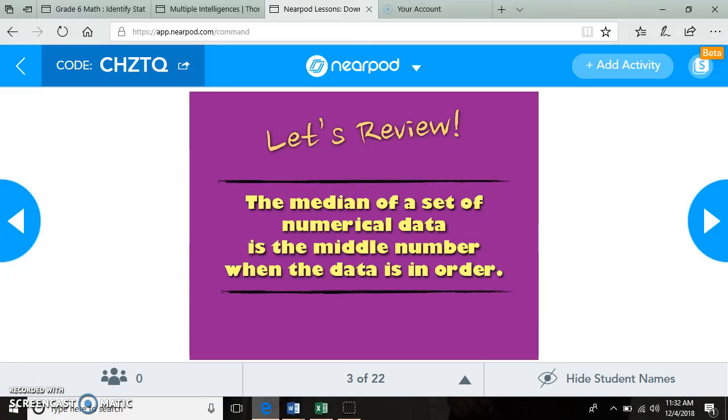Remember, when there's an even amount of data, you have to combine the two middle numbers and take the average of them. And when the amount of data is odd, you just take the middle number.